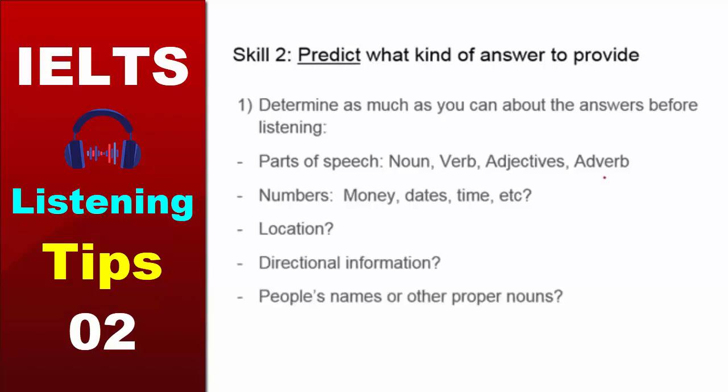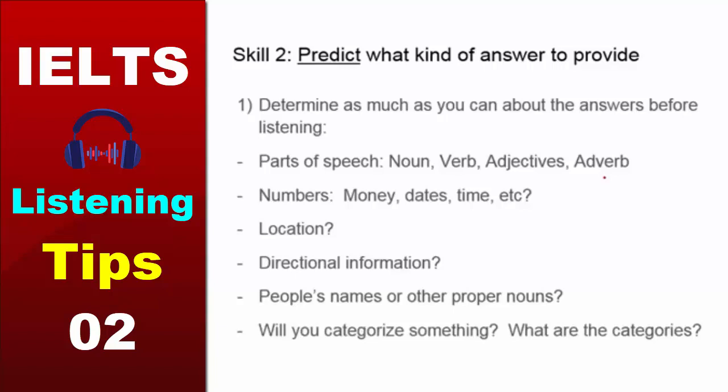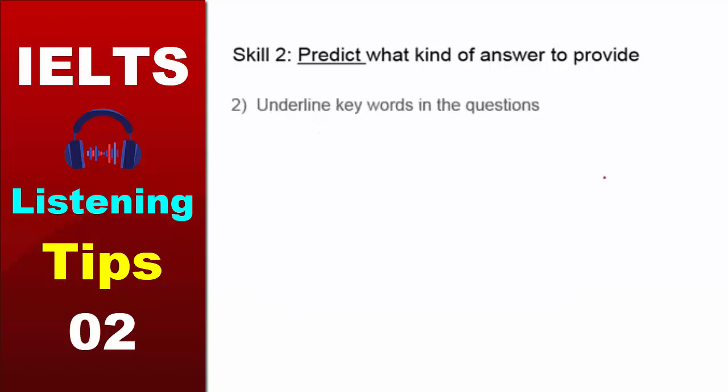Are these people's names or proper nouns you'll need to listen for? So many different categories, and you can often figure out what it is just by looking at the questions and the answers. You may need to categorize something. Can you figure out the categories? All of this kind of thing is so useful for you before you listen to a passage.